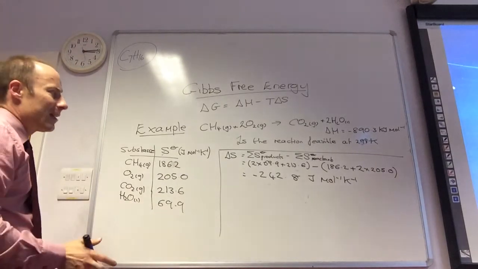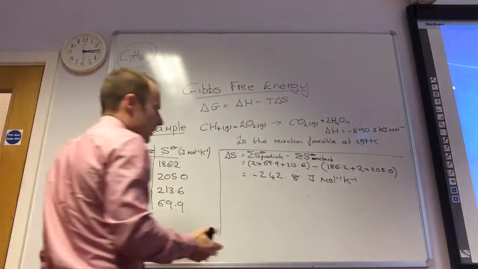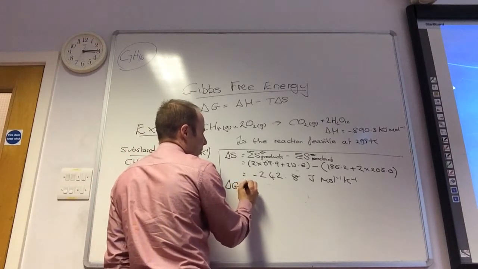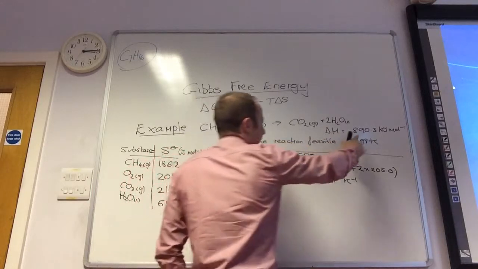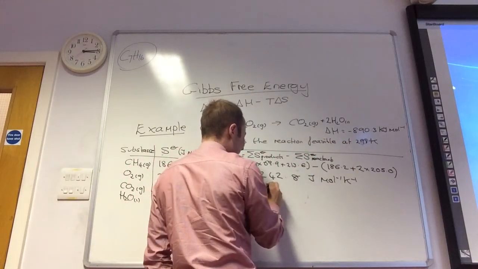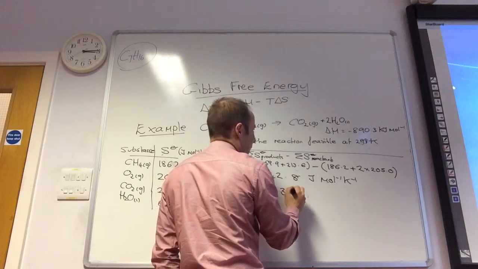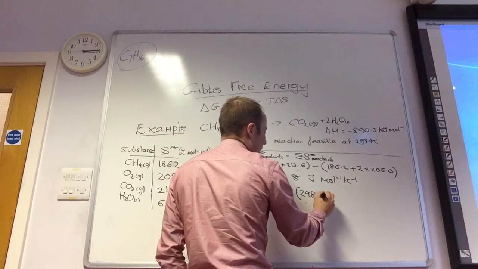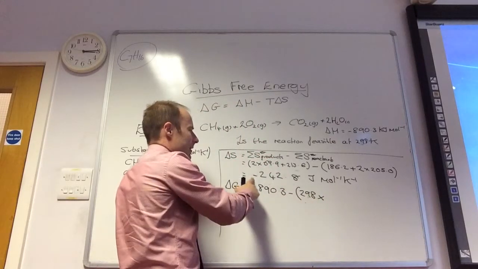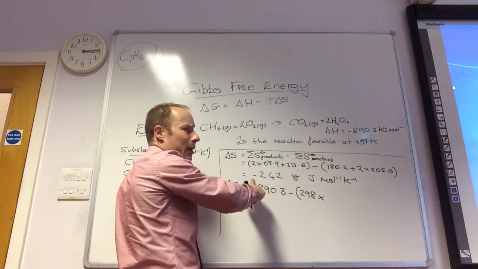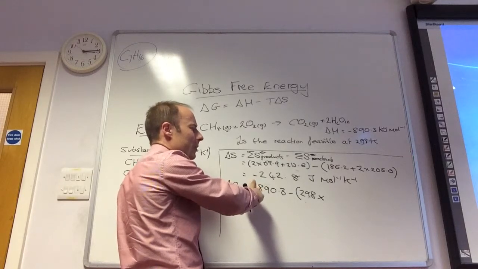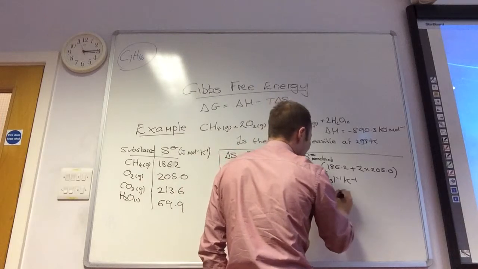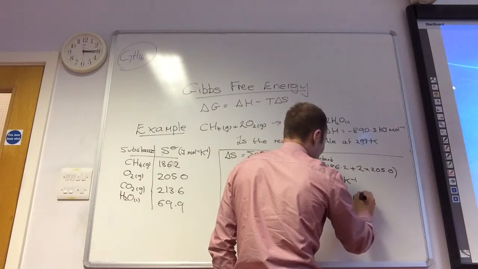So I've got delta S, so now I'm going to calculate delta G at 298 Kelvin. Delta H, they told me, is minus 890.3 minus T, 298, times delta S, but remembering I need to divide by 1,000, so that's times minus 0.2428.